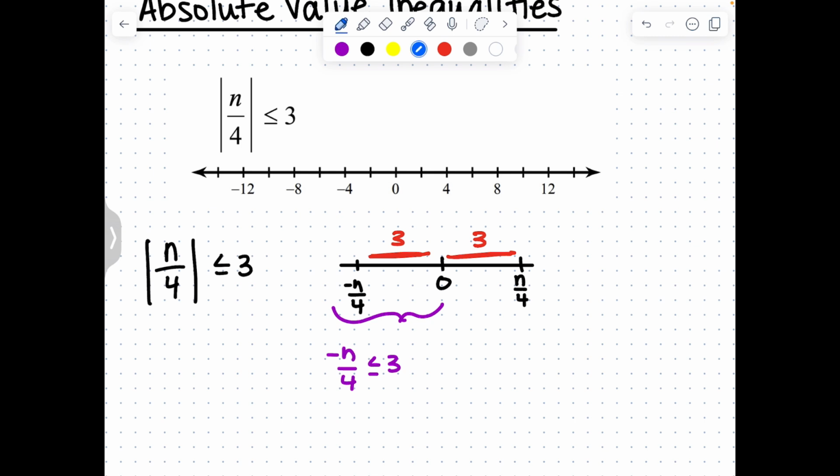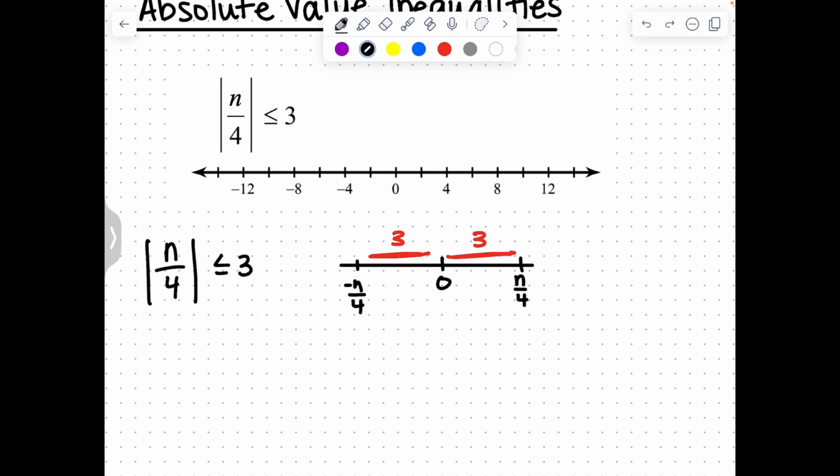Then on the other side, remember, with absolute value solving, we had two separate equations, the negative version and the positive version.